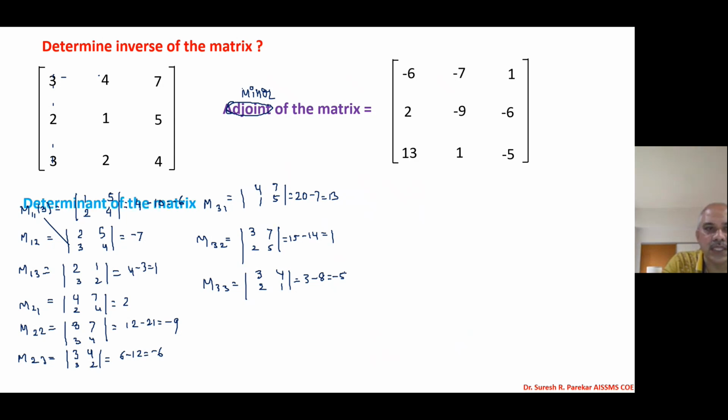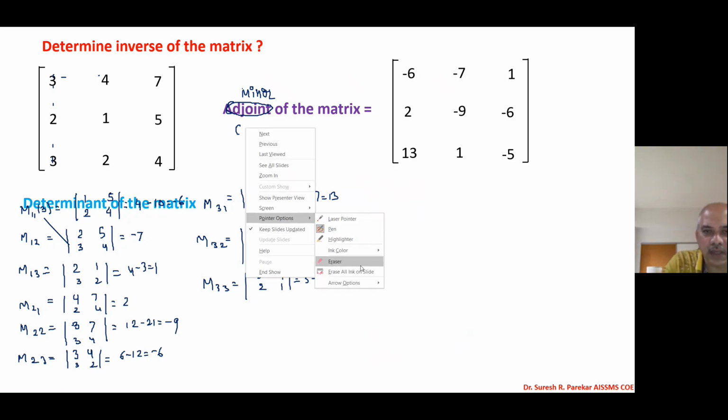Now you can see this is my minor matrix. Now to make it the cofactor matrix, I will go for a sign change.